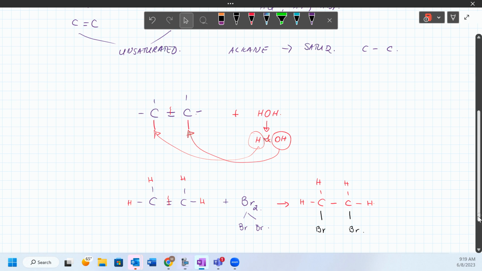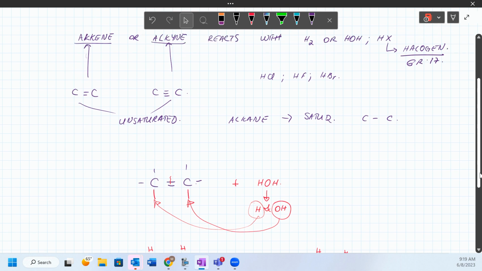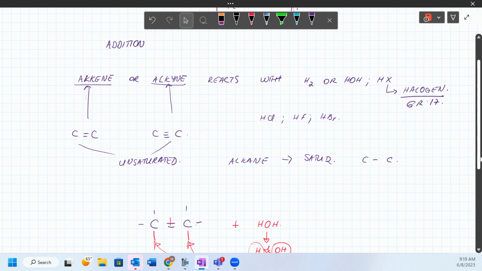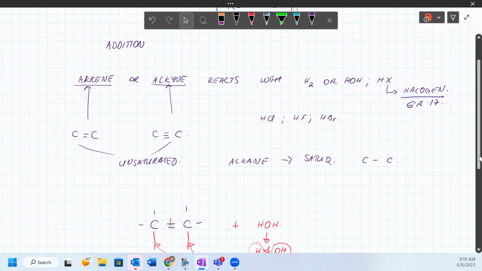Okay, so keep in mind, this is what we are doing. We are making an alkene and/or alkyne, and then it is reacting with any gas that is in halides. This can be H2, which doesn't actually make sense because what is happening in H2?